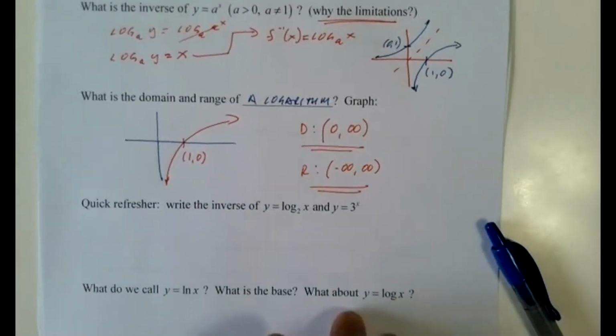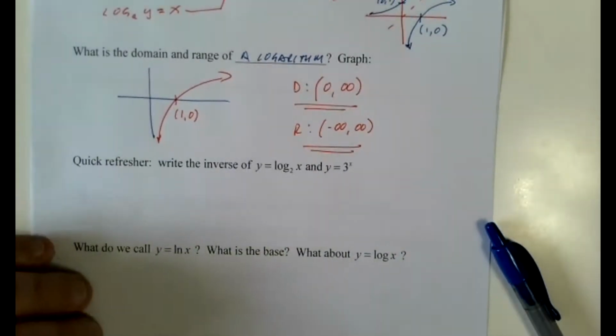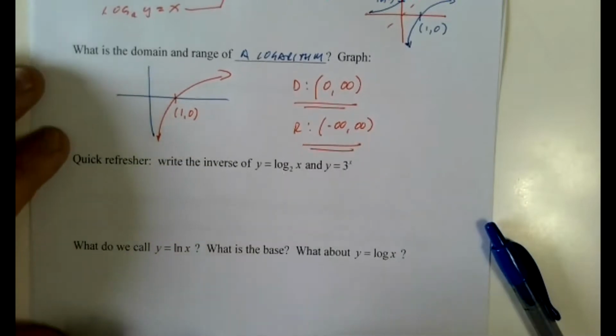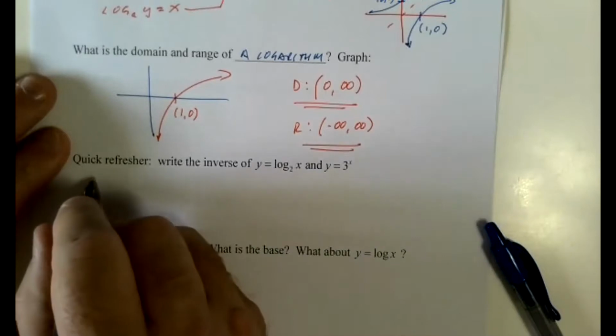All right, now we got to go over logarithms. So write the inverse of y equals log base 2 of x. All right. So we use this little base to the outside equals inside.